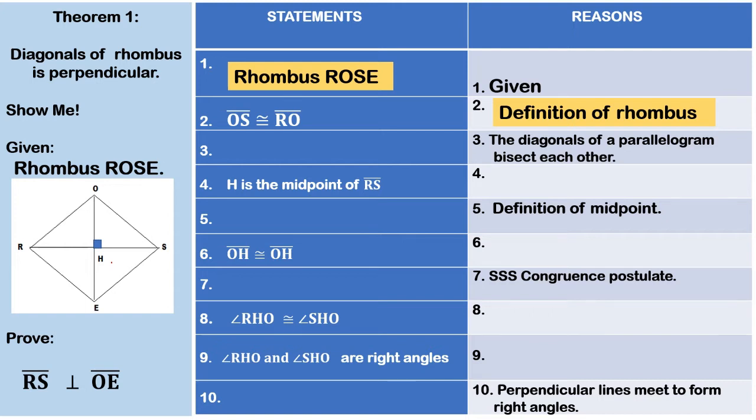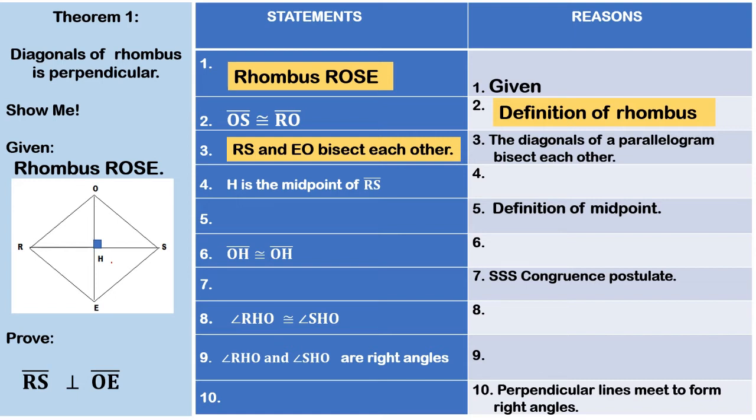So going back to the figure, what are the diagonals that bisect each other? Yes, RS and EO bisect each other. If RS bisects EO, that would lead us to the next statement, that H is the midpoint of RS. So what do you think is the reason?